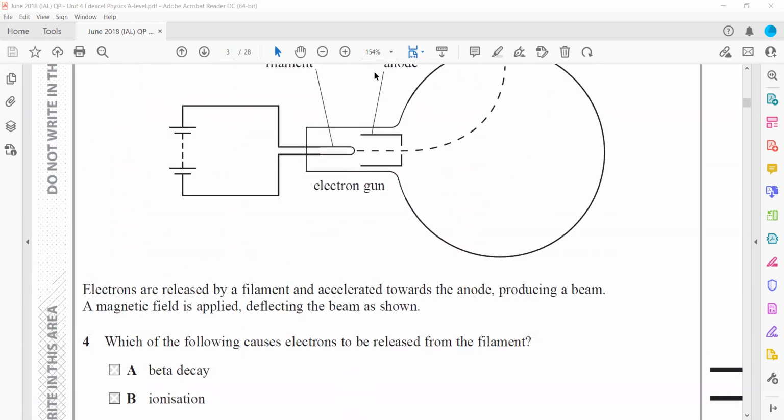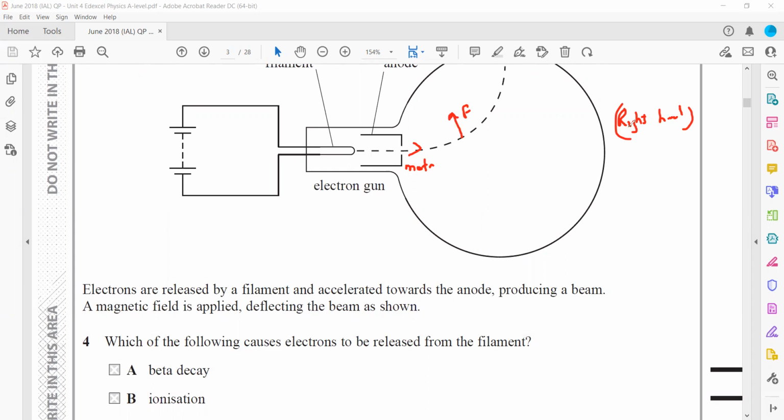So when we apply a rule here, the electron is moving in this direction, and this is the force which it experiences. Now, because we have an electron, we'll apply the right hand rule, because for negative particles we use the right hand.